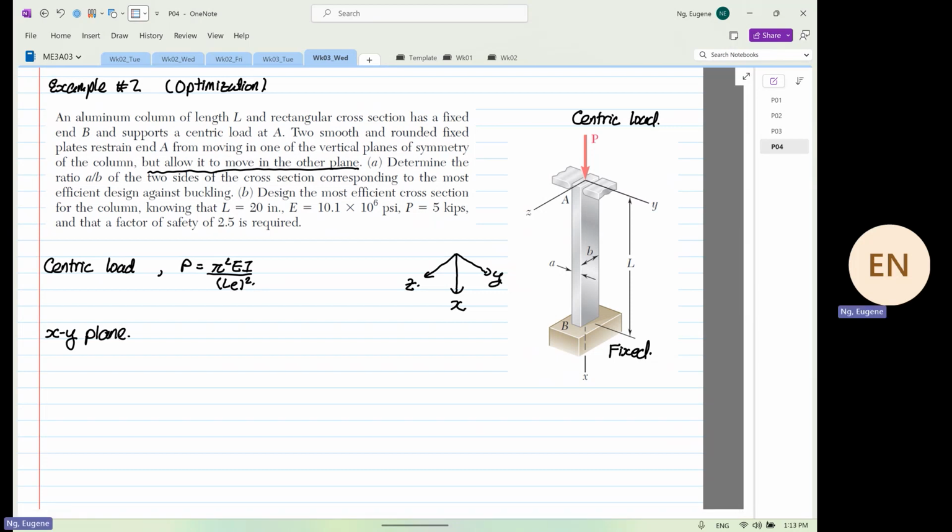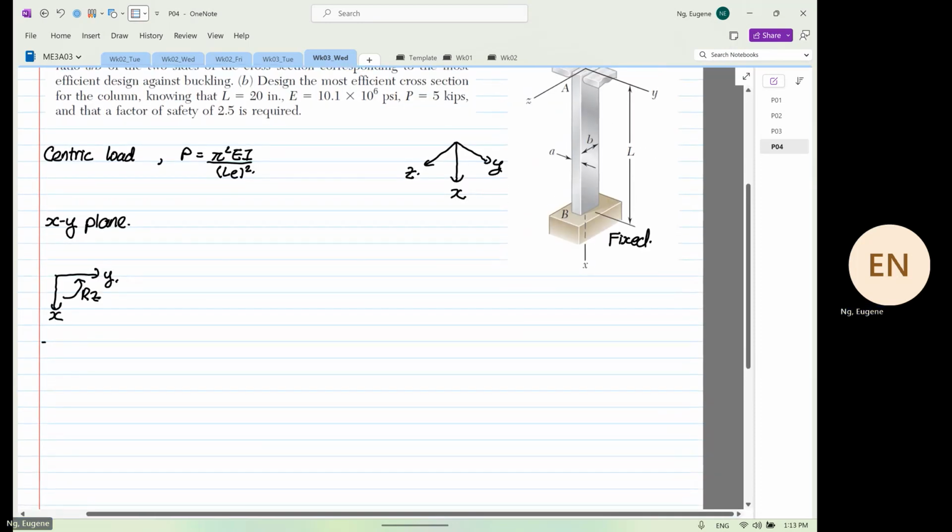So from this case, we are going to sketch. This is my X, this is my Y, and then this will be my rotation about Z. So when we sketch that now, it will look like this.